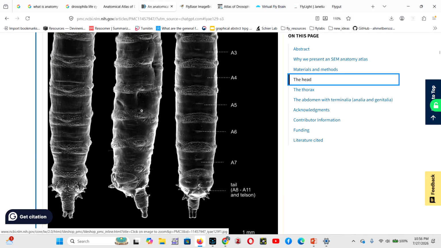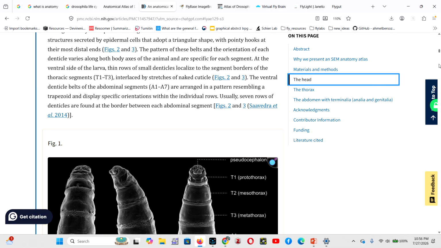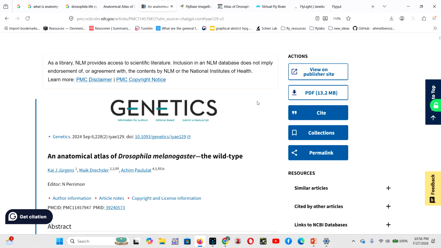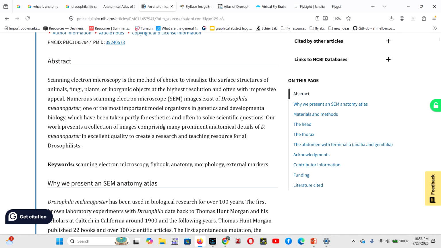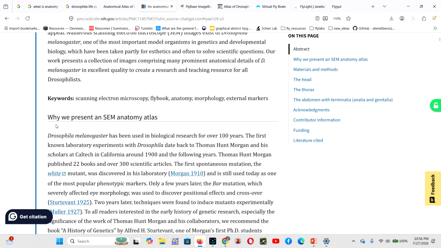Now, the next resource that I'm going to tell you about: when we talk about anatomy, we need to understand it properly. I must recommend this paper because it explains the major parts of the anatomy, and the most important thing about it is that it presents the SEM, the scanning electron microscope anatomy atlas.